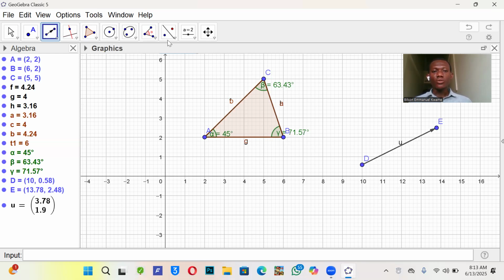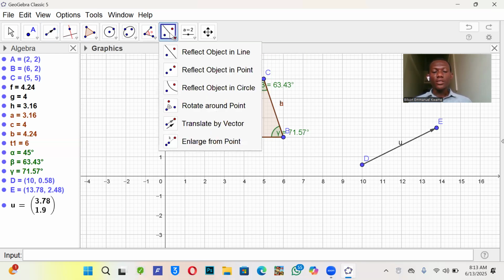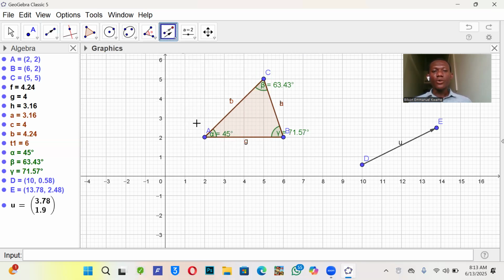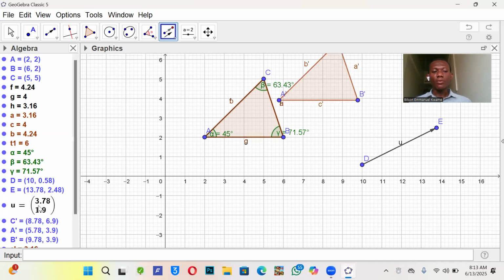The next thing is to select translate by vector. After tapping on translate by vector, you tap on the object that you want to translate, then tap on the vector in the algebra side. You can clearly see that I've been able to translate the triangle. Do you see it? Good.